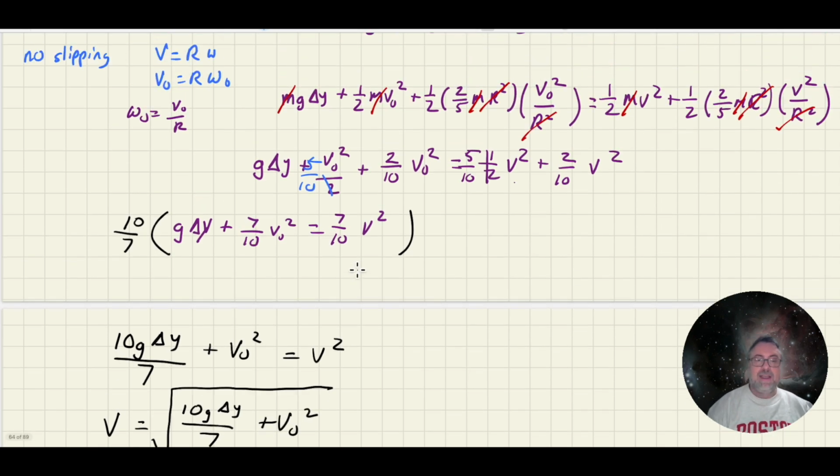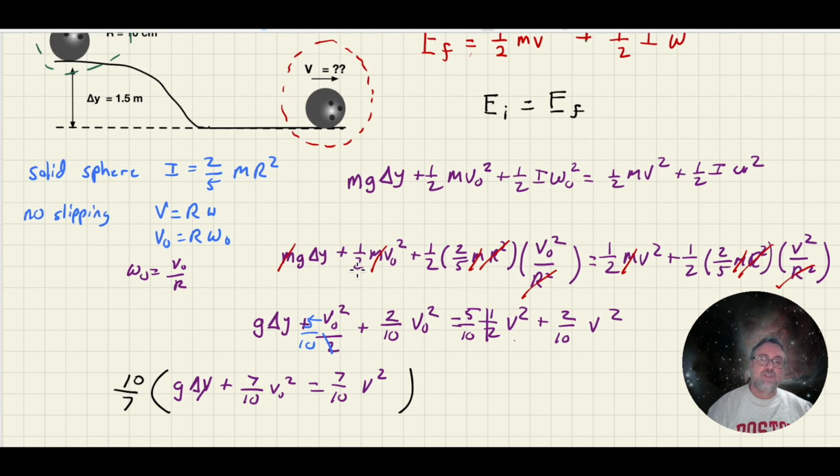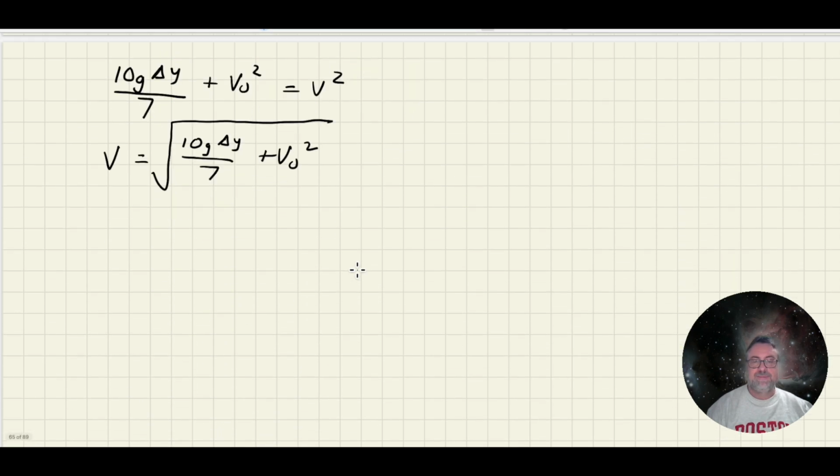Now if we go back up, we see that the initial velocity was 2 meters per second, and that the height was equal to 1.5 meters.